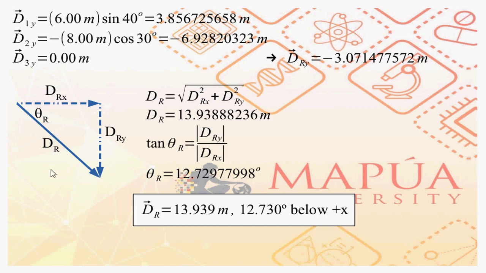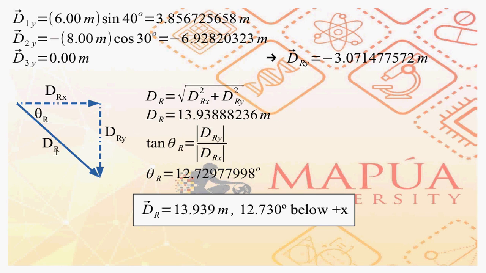Magnitude of Dr is hypotenuse, so we just use Pythagorean theorem. Dr is equal to square root of Drx squared plus Dry squared. That will give you 13.93888236 meters.